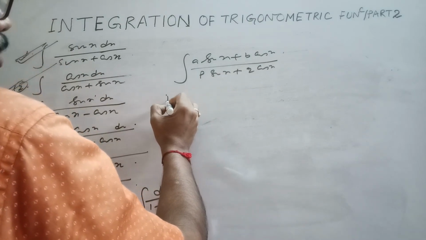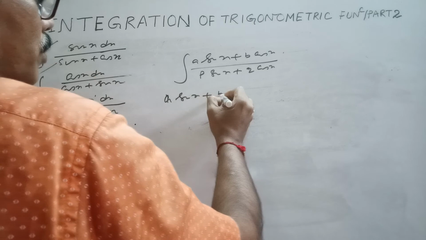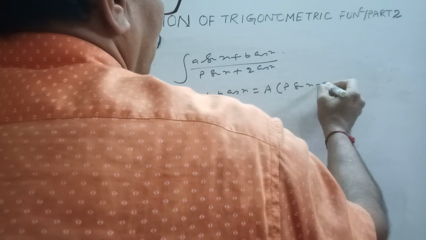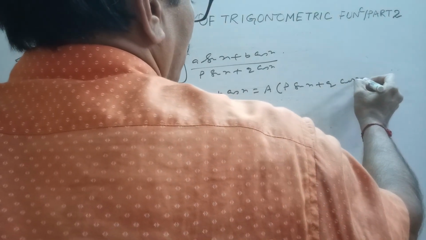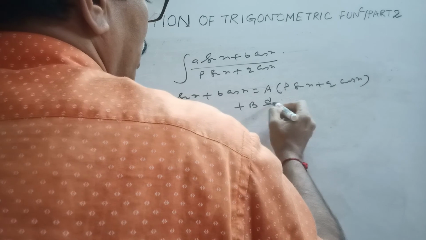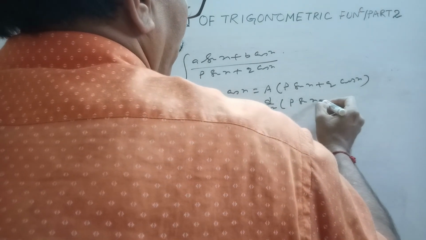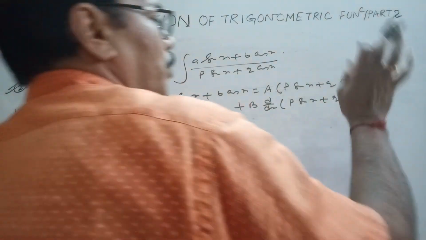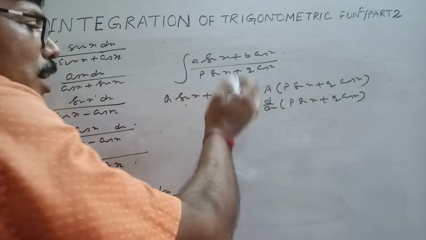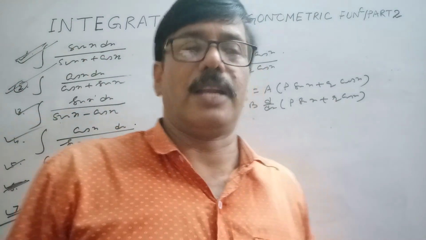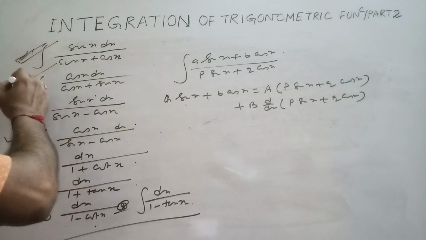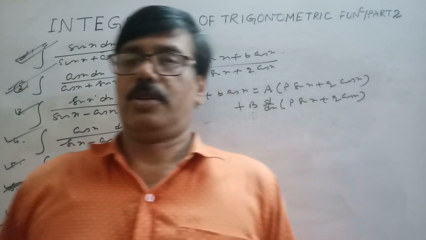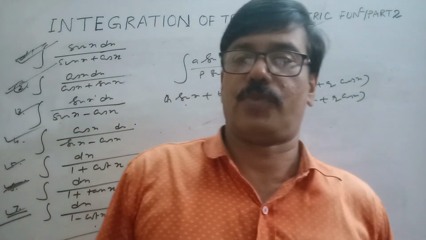That is why the general rule is a sin x plus b cos x equals a into the denominator plus b into d dx of the denominator. No c, here no constant, so no need of c. So comparing sin x and cos x, you can find a and b. For these problems, we can find a and b by the inspection method. So you solve the rest of the problems.